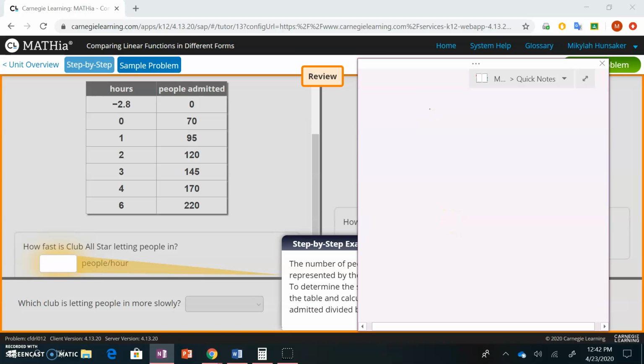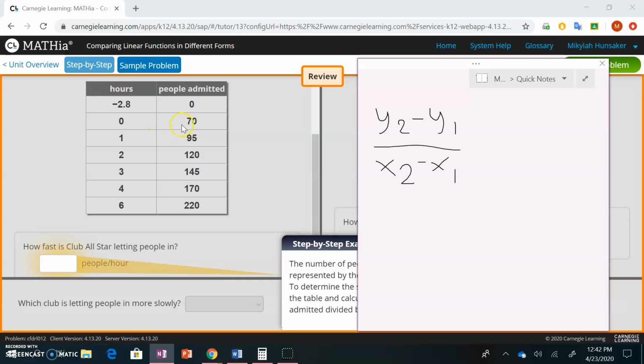Okay, remember y2 minus y1 divided by x2 minus x1. That's an equation that we used in class to find the slope. We used it when we were given 2 points generally, but we can also use it in this table.